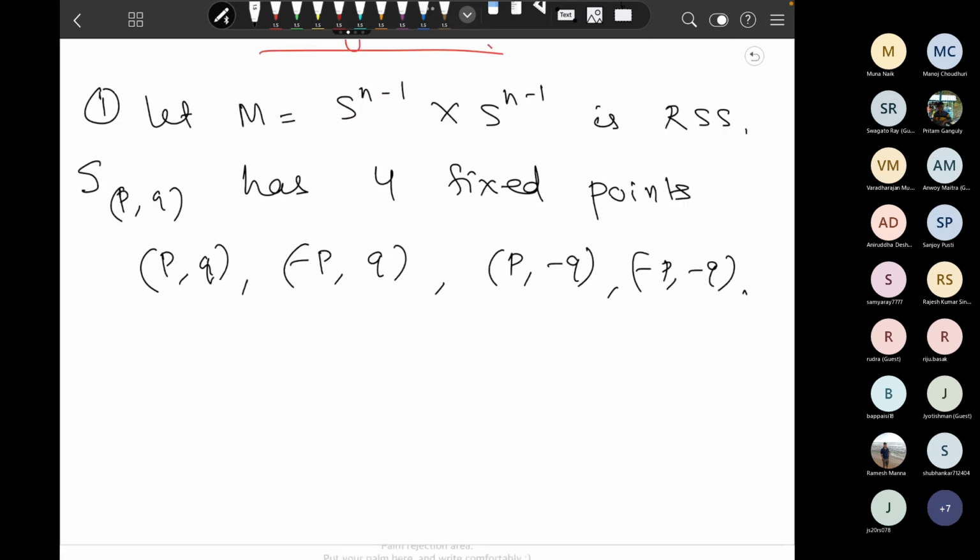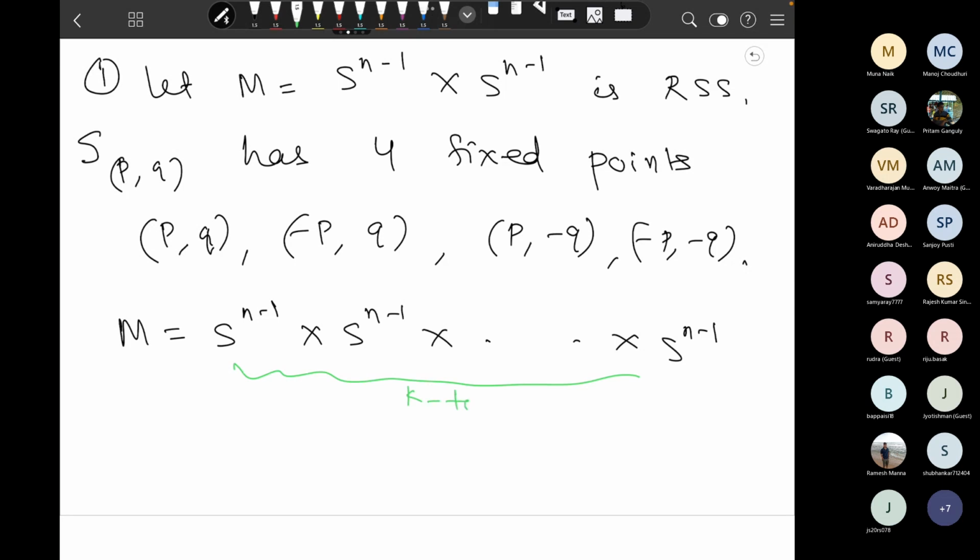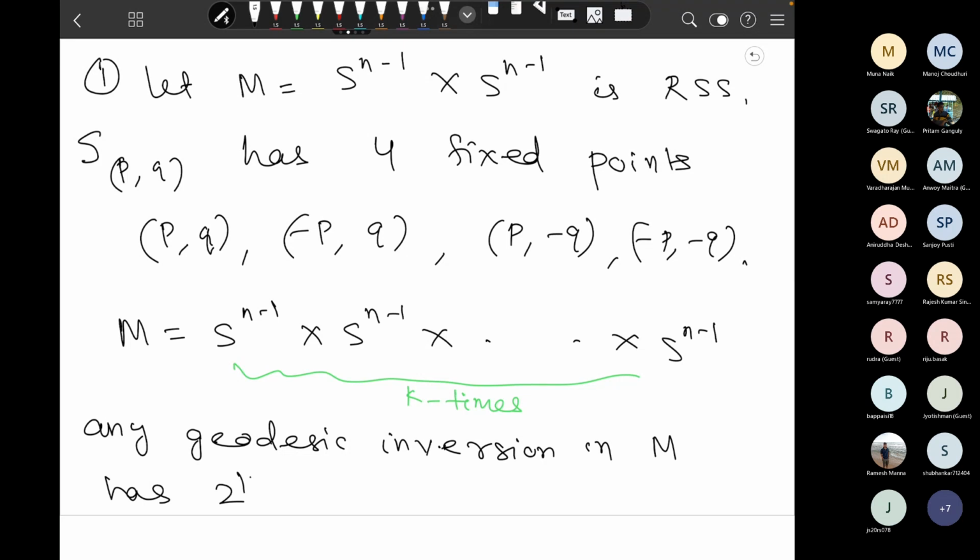Similarly, if you take M equal to S^(n-1) times ... times S^(n-1), this is a K-fold product, this is a Riemannian symmetric space, and the product is taken K times. So one can show that any geodesic inversion in M has 2 to the power K fixed points.